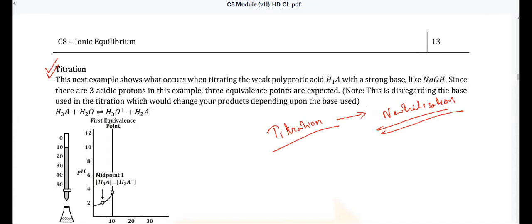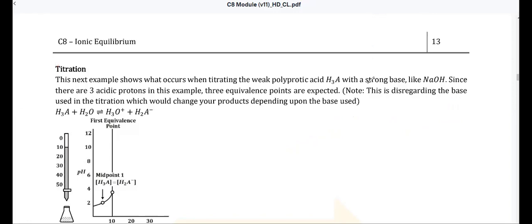We will complete redox first, then we will go to organic. Redox will take less time only.